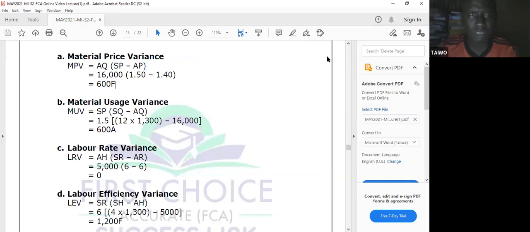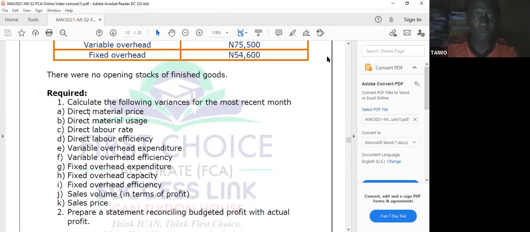You need to understand what they are saying. They produced 1,300, but they sold 1,200. You can see they produced 1,300, but they sold 1,200. I guess you get what I'm saying.